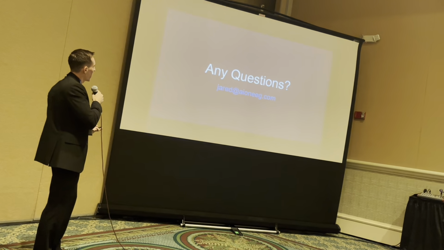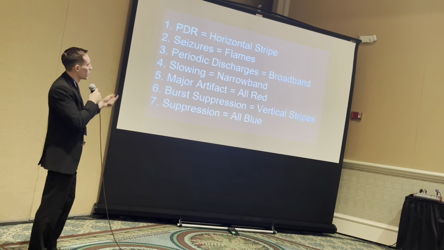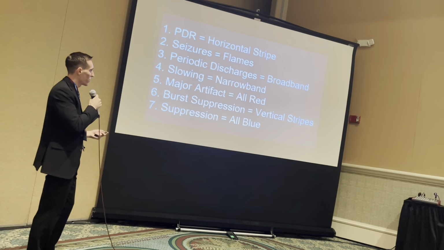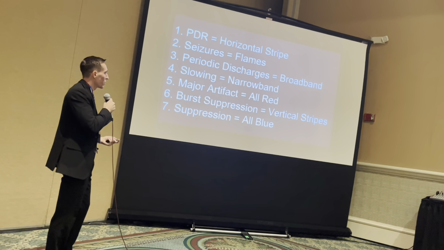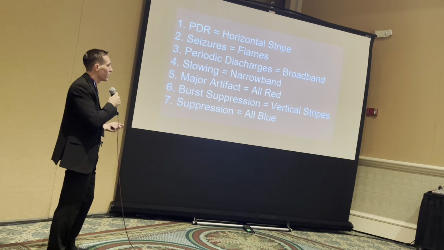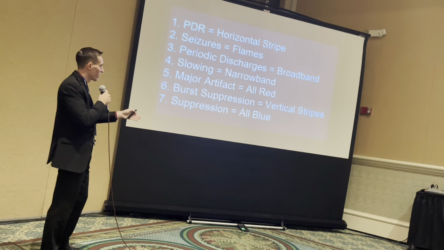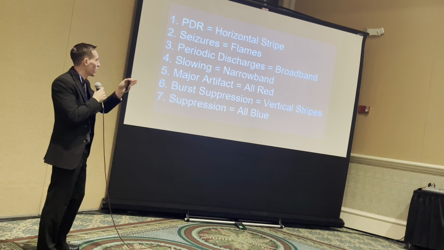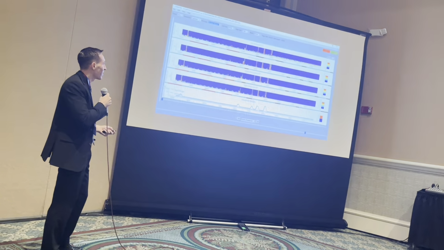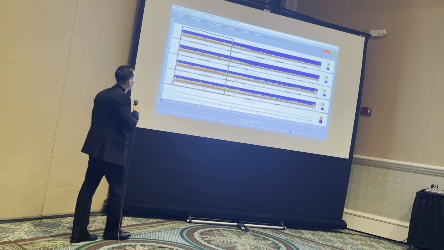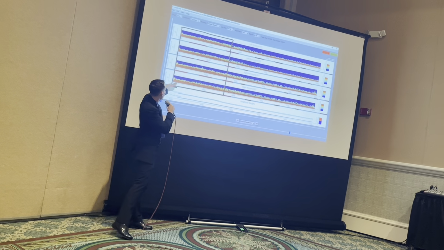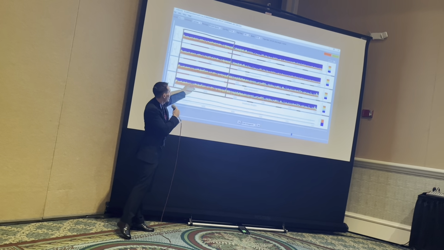And then the next pattern is a broadband pattern, which sometimes can be dangerous. You can see periodic discharges, where it's just consistent, discharge, discharge, discharge at a consistent rate, and that's going to look like this pattern right here.